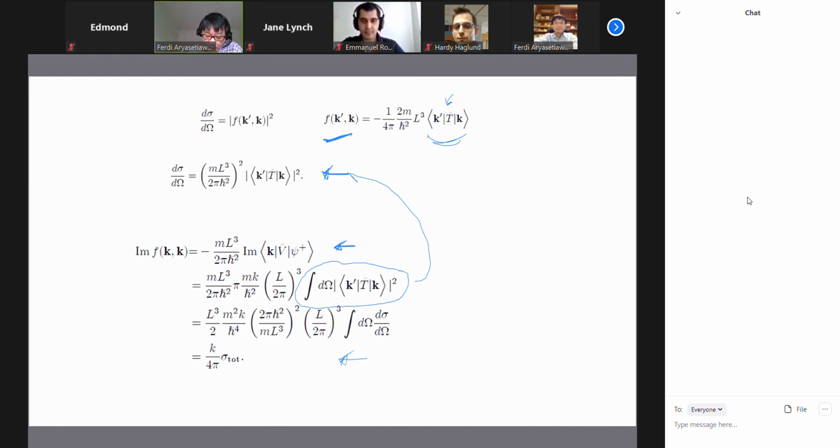There are a lot of constants here, but they cancel, and in the end you get k divided by 4 pi times the total scattering cross section. So this is the total scattering cross section. That's the proof of the optical theorem.